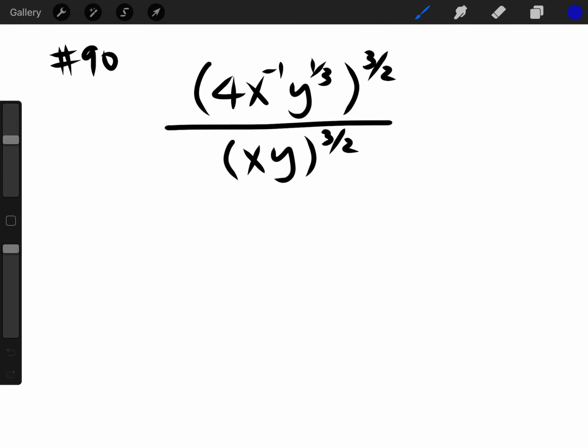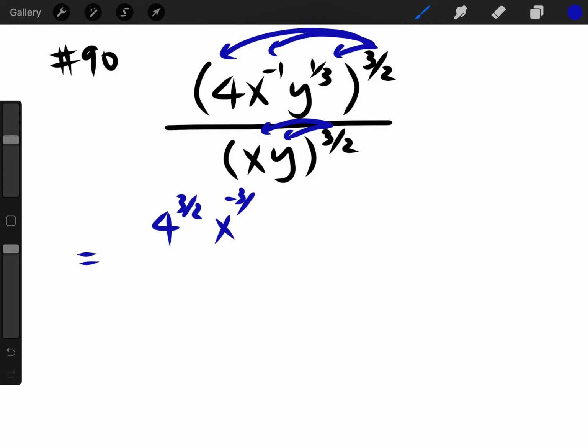Number 90. The first thing you want to do is distribute the 3/2 to all the terms. So 4 to the 3/2, and then x to negative 1. Negative 1 times 3/2 gives x to the negative 3/2.